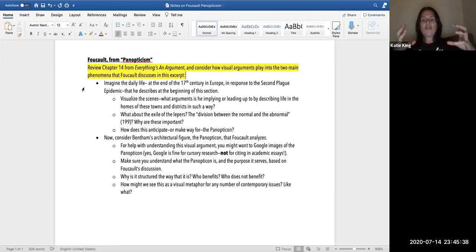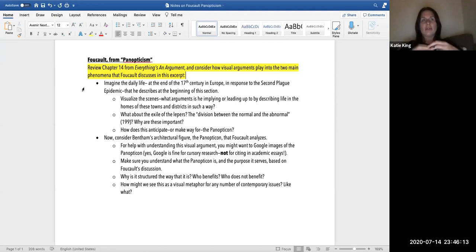But what I want you to focus on thinking about visual arguments is, again, you probably will want to read it twice. And when you go back and read it the second time, really visualize what you're reading as far as what goes on in these houses, in these towns, in these districts, with the quarantining and the exiling and all the other things that happen to people who are living during this time of plague, and who are responding to the fear of loss of life, just like we are today.